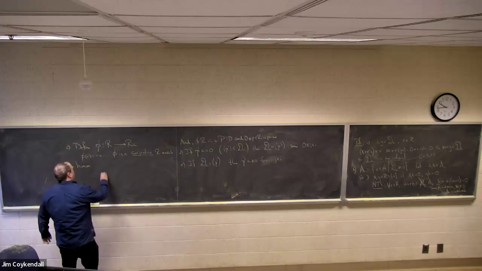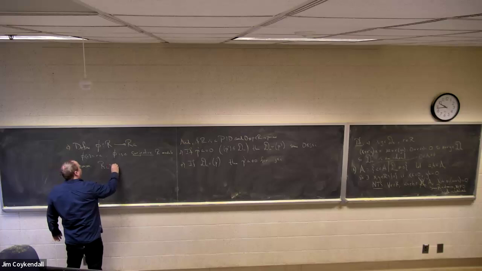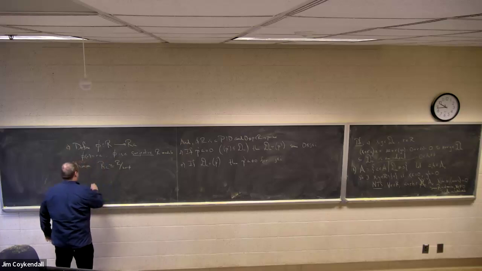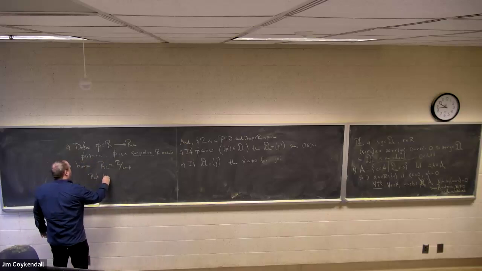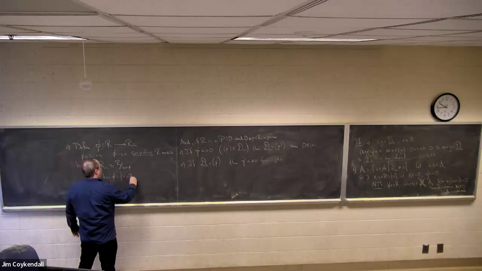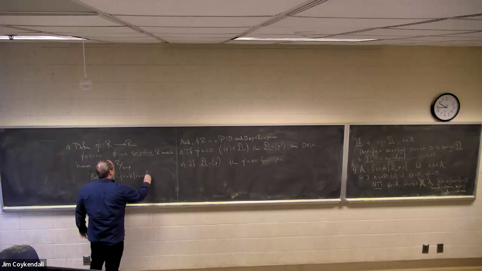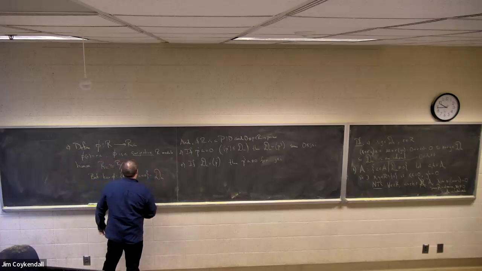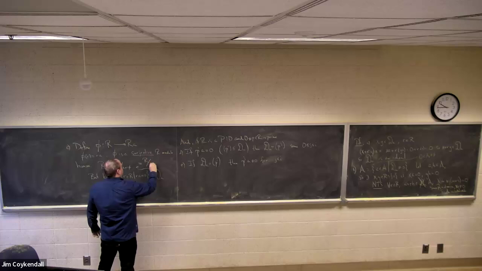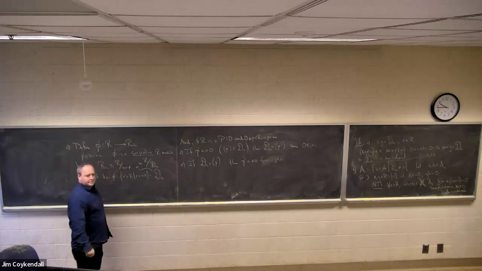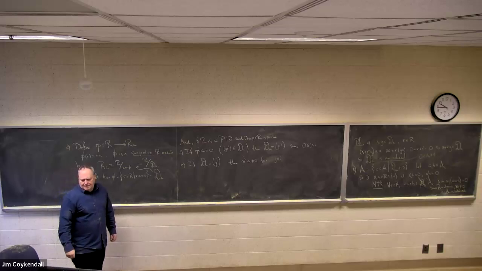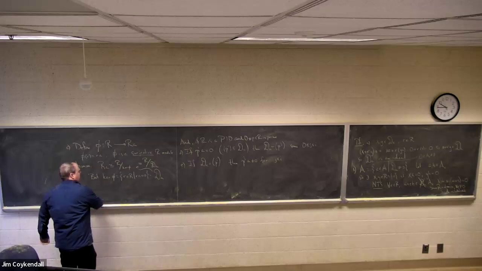So Ra is isomorphic to R mod the kernel, but the kernel is all the stuff in R such that ra is 0, which is precisely the definition of this. Any question on that?